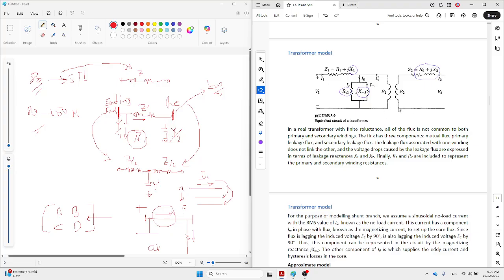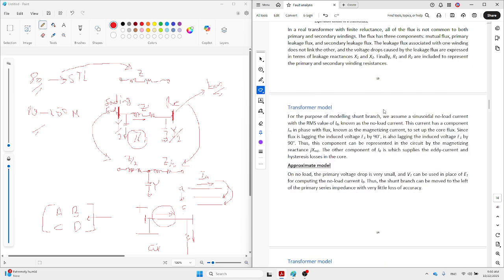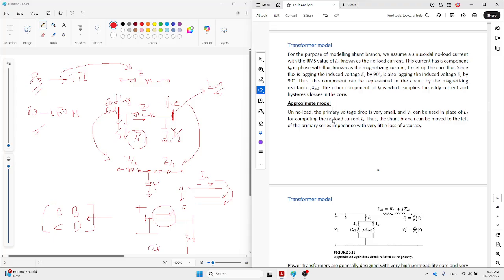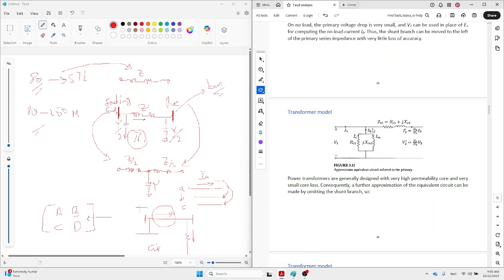We never use such a model in our power system studies because it's quite tough, so we use the approximate model.